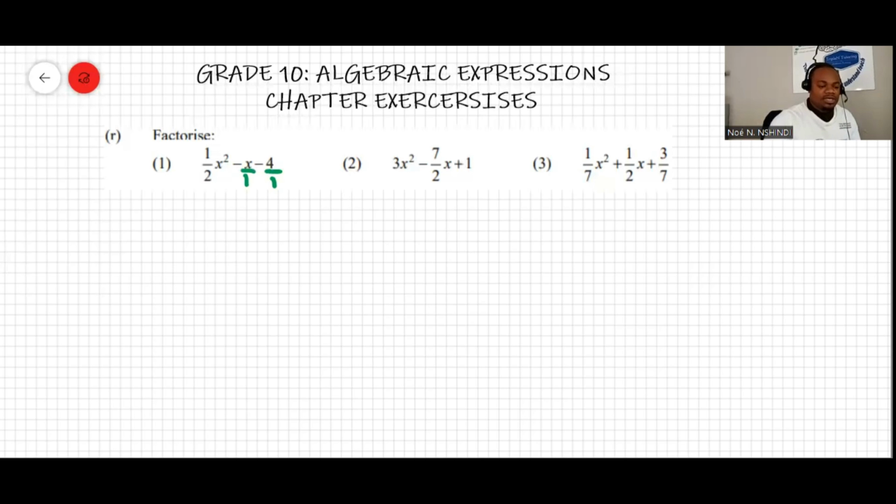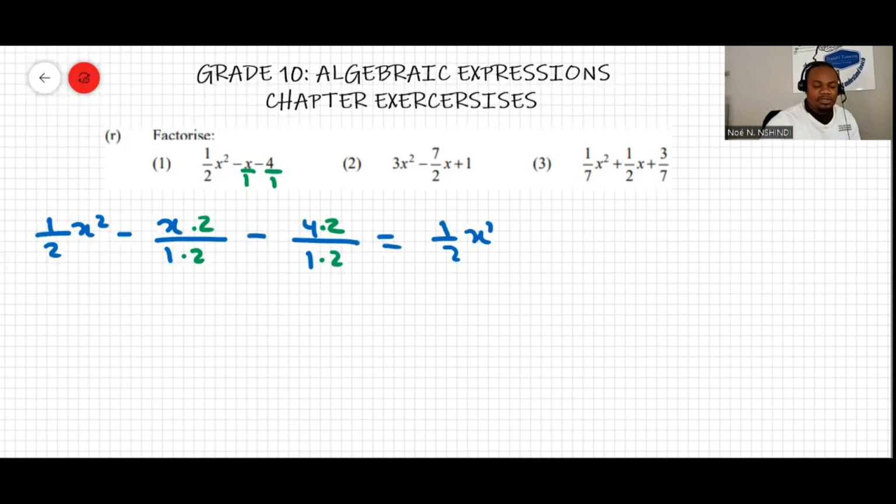So I can write it like a half x squared minus x under 1, minus 4 over 1, x over 1. So we times here by 2 to make the denominator common, and times also by 2. So this will make a half x squared minus 2x over 2 minus 8 over 2.